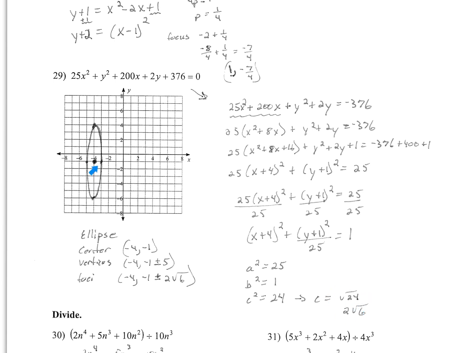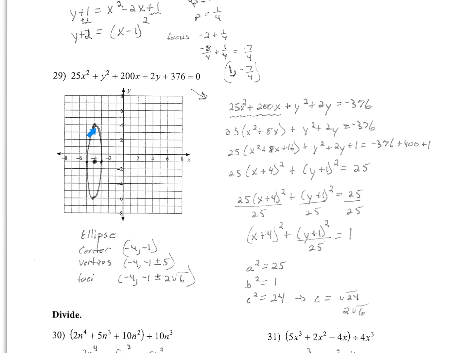We know the center is at (h, k), so (-4, -1). The vertices, which are the endpoints of the longer axis, are going to be -4, and then -1 plus or minus 5, because a squared is 25, so a is 5.